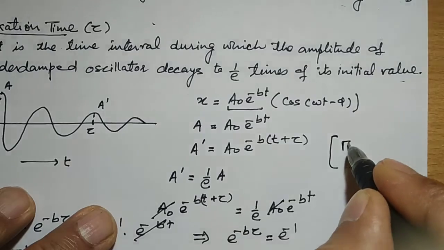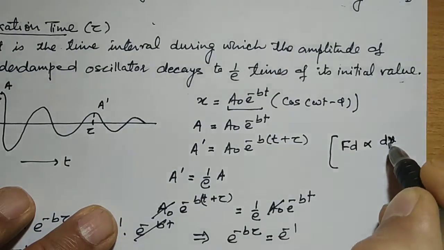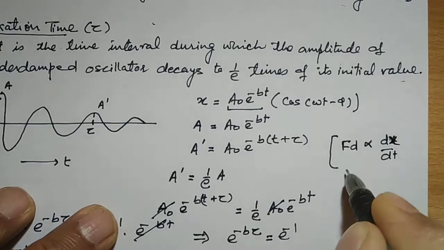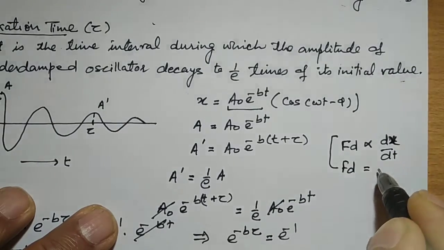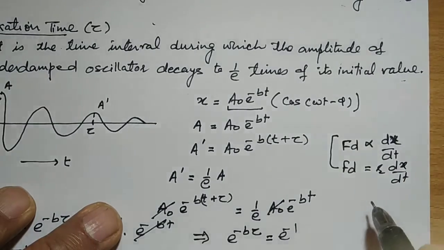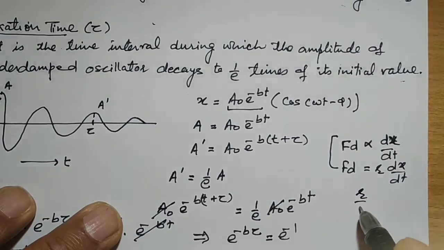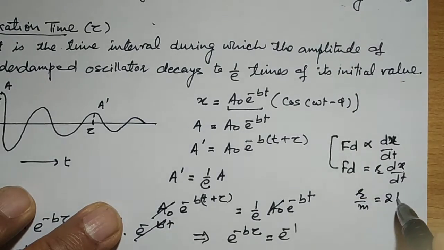That damping force Fd was directly proportional to velocity dx by dt, and we have taken Fd is equal to r dx by dt, and r over m, we know that r over m was substituted as 2b. It means b is equal to r over 2m.